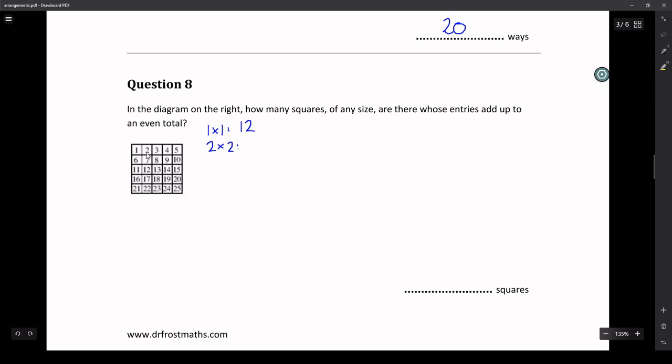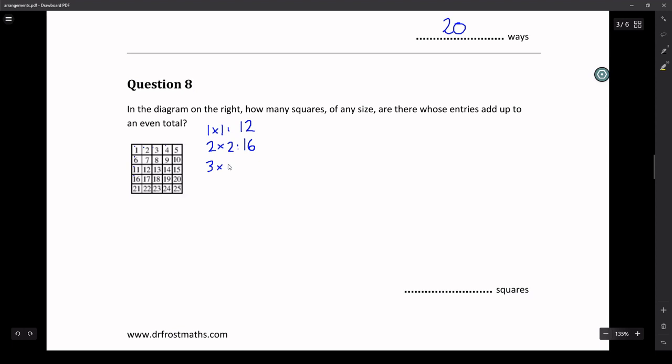So all 2 by 2 squares will have an even total, and there's going to be 16 2 by 2 squares, because you've got 4 different 2 by 2s along the top row, starting with 1, with 2, with 3 and with 4, and again you've got 4 going down, starting with 1, 6, 11, 16, so you end up with 4 by 4, 16.